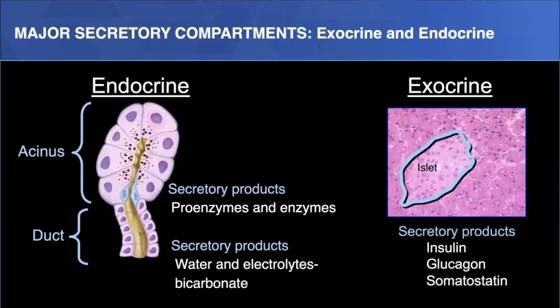So anyway, the acinar cells are responsible, as mentioned, for generating proenzymes and enzymes, whereas the duct cells produce water and electrolytes and bicarbonate. The islets, shown to the right, this well-circumscribed area of distinct, rather monotonous-looking cells, generate insulin, glucagon, and somatostatin.